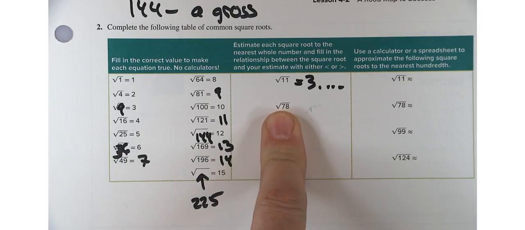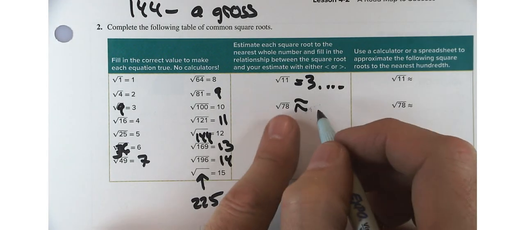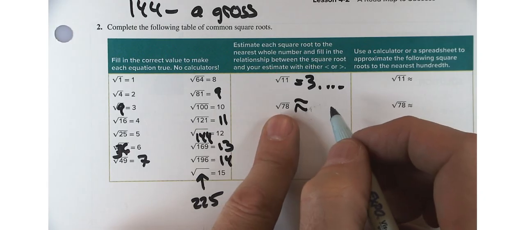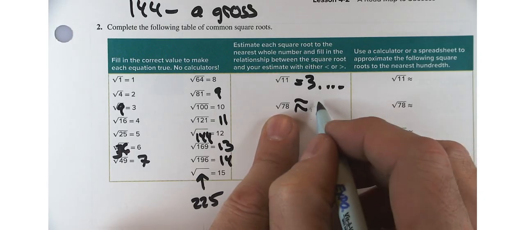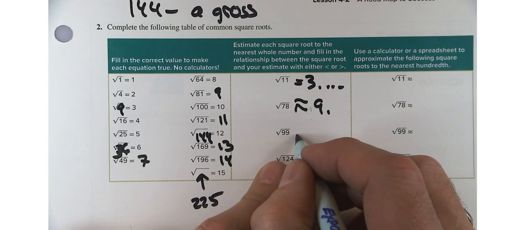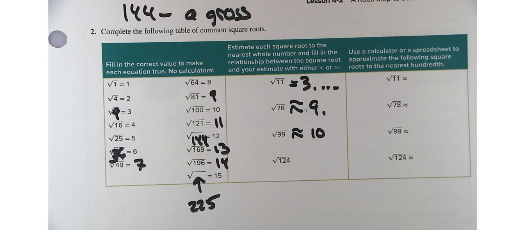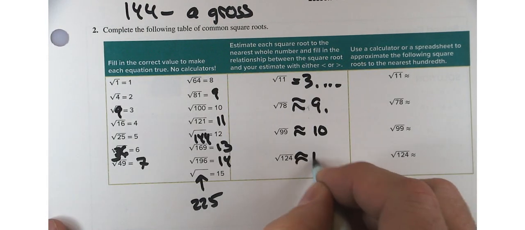It's not going to quite be there, but it's actually closer to 9. How about square root of 99? What's that going to be close to? 10. And square root of 124 is going to be close to 11.